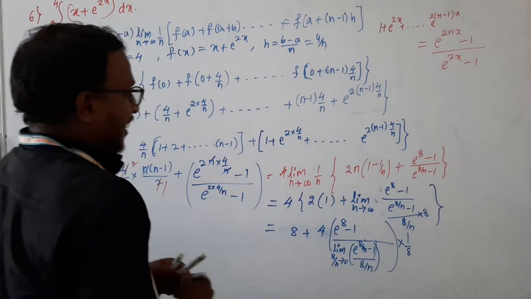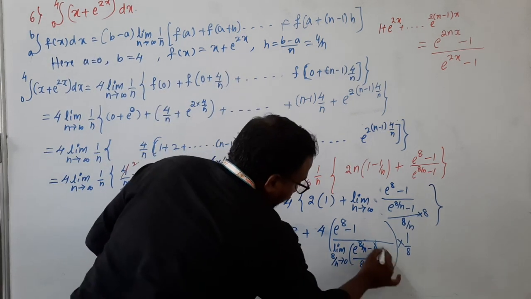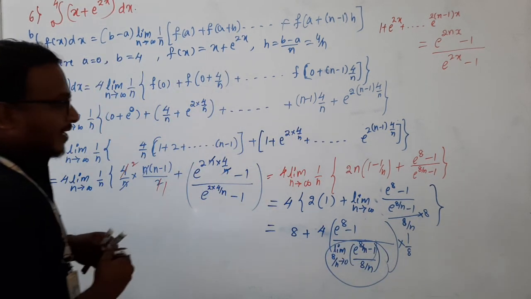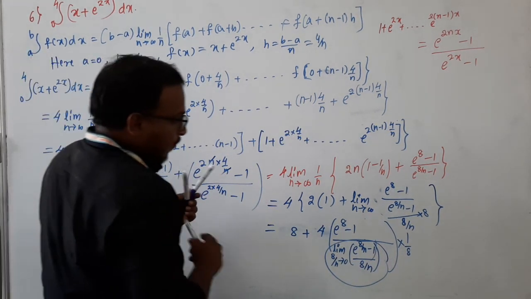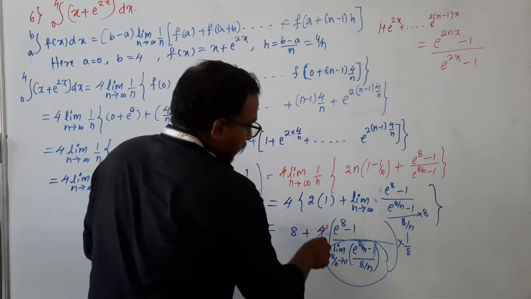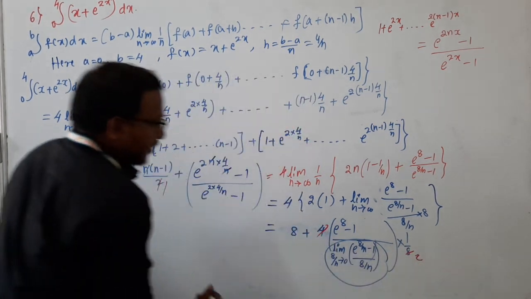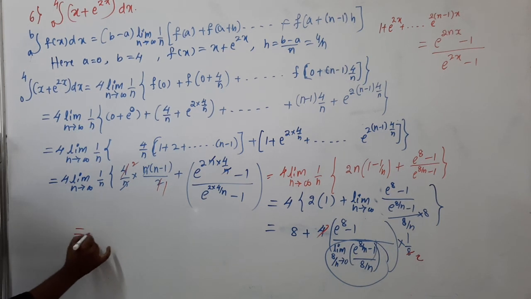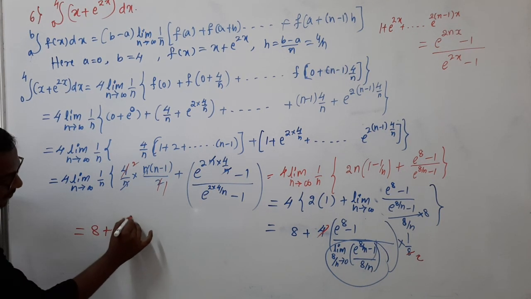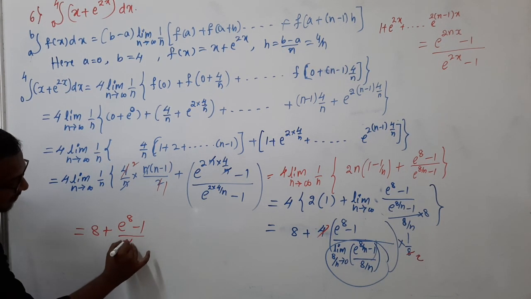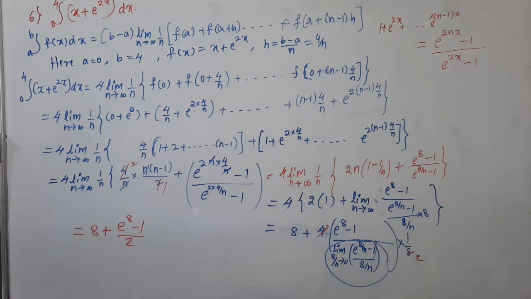We know that this whole value will become 1. Therefore, the answer is 8 plus e to the power 8 minus 1 divided by 2.